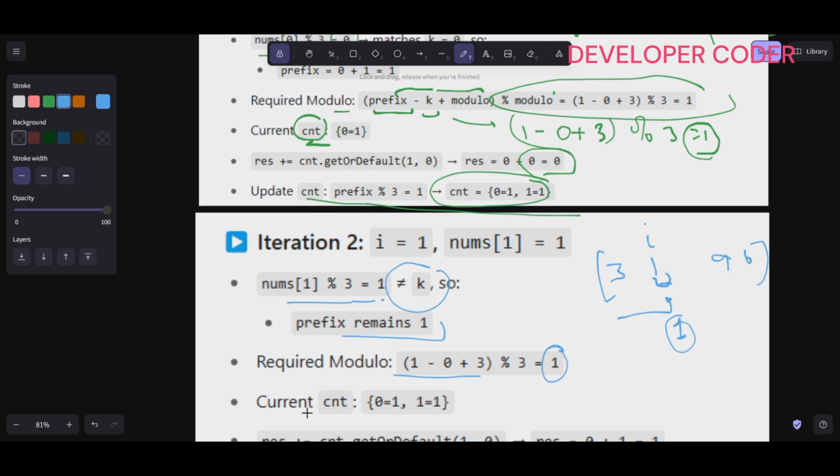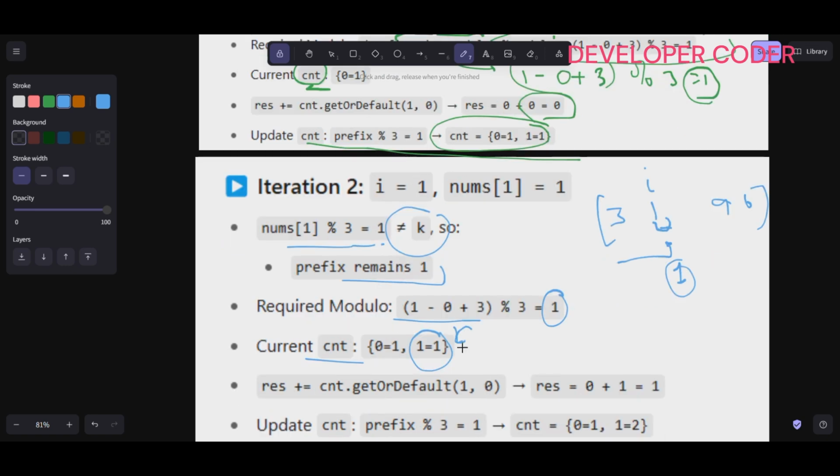So the current count is 0 and 1, so 1 occurs in my previous hash map. Ending here, we know until here, 1 occurs, and here also 1 occurs. That means this is one valid subarray, from l to r.